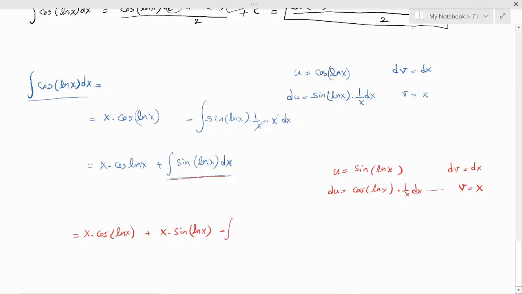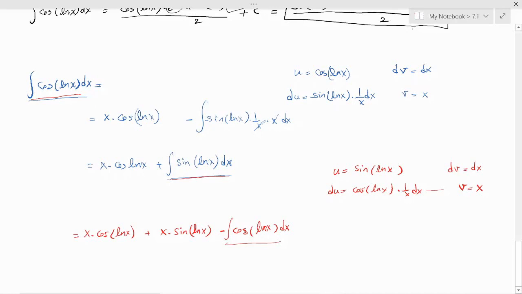With v times du, the x's cancel out when you multiply, so you would end up with negative integral of cosine ln x dx. Okay, as I said, here the two terms are equal to each other.